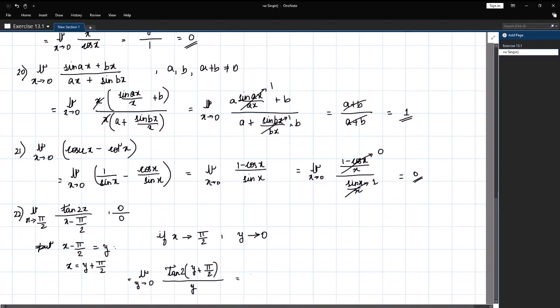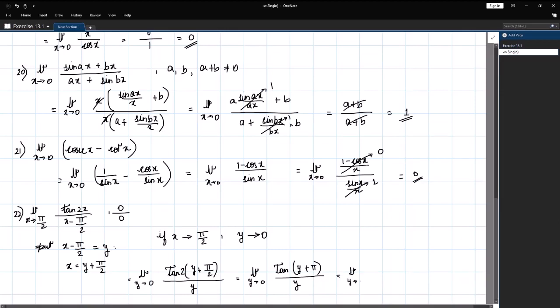If we send 2 inside the bracket, we'll have limit y tends to 0 of tan of (2y plus pi) divided by y. Pi plus some angle means that this tan will be in the third quadrant. We know that tan is positive in the third quadrant, so there won't be any sign change.